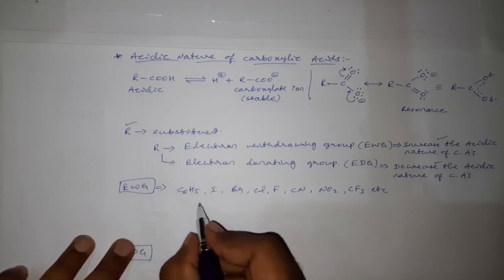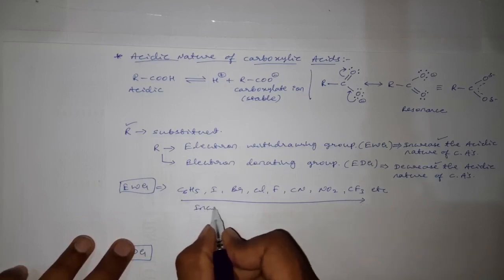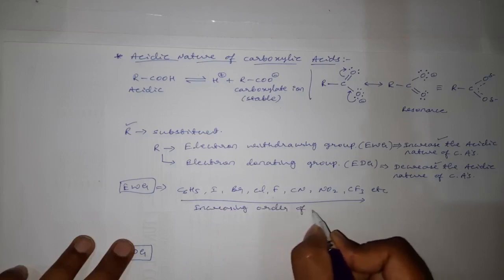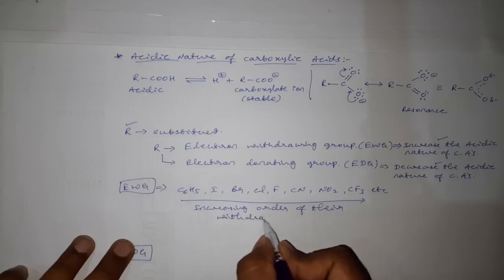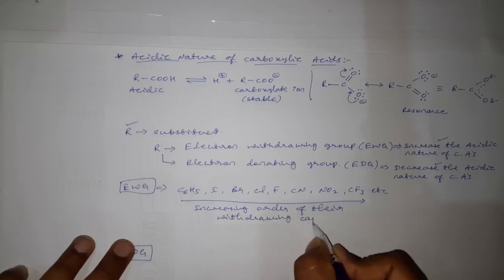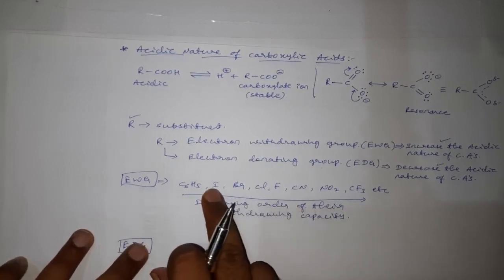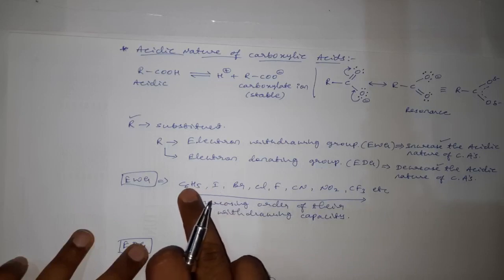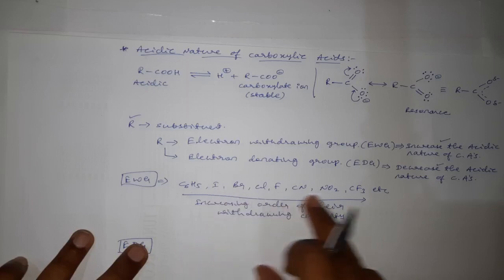And here we can write that there is a systematic pattern: it is an increasing order of their withdrawing capacity, which means iodine is more effectively withdrawing electrons as compared to benzene, and bromine is more effectively withdrawing electrons as compared to iodine, like this.